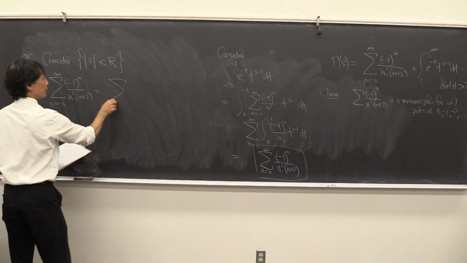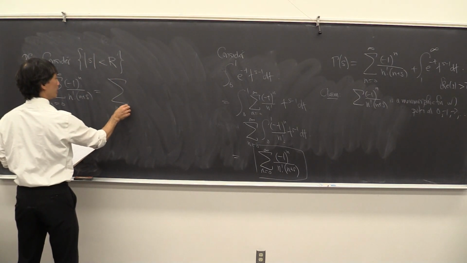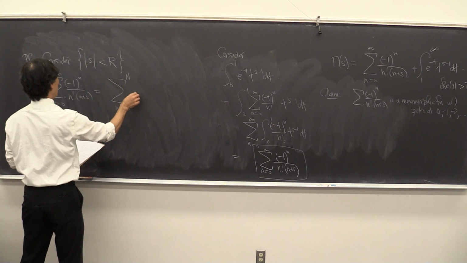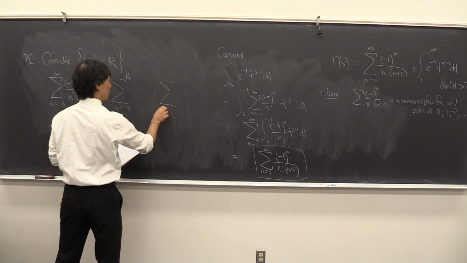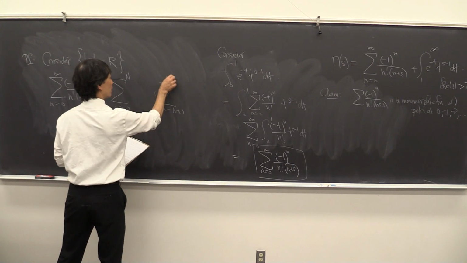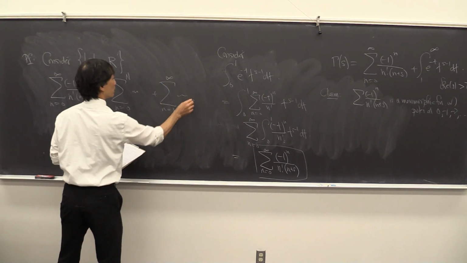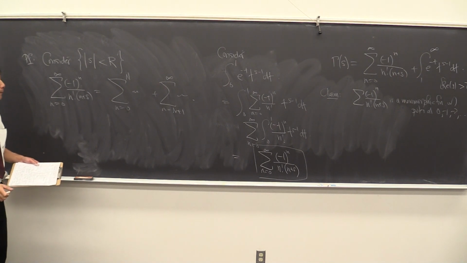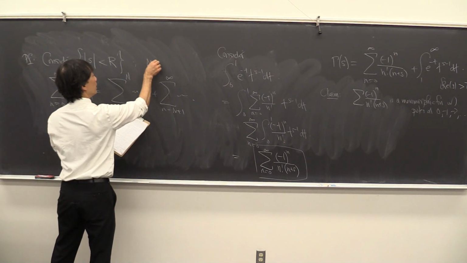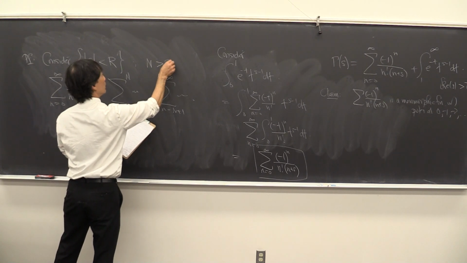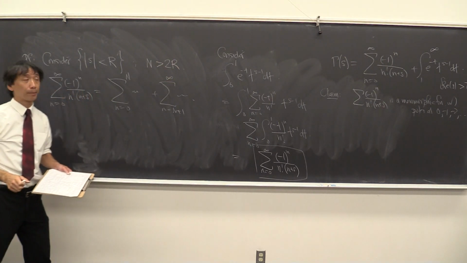We'll break it into a finite part up to some n, and then an infinite part from n plus 1 onwards. And you choose n bigger than 2r.